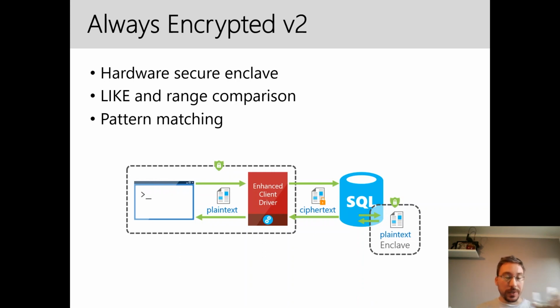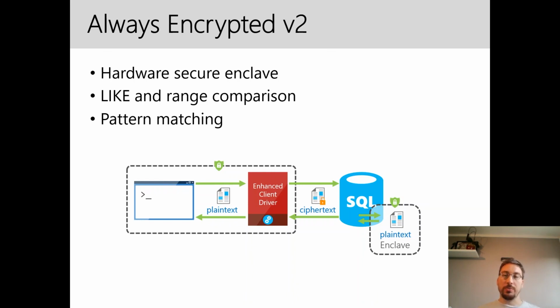Now, the way to do this is by using these secure enclaves, right? But what are they? Basically, a secure enclave is a protected memory space on your SQL Server that is not accessed by any other process, and this protected memory space has a direct connection to your enhanced client driver for ADO.NET that has been updated, where they share your master key.